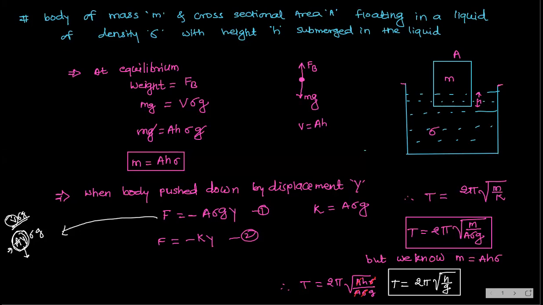That's why volume I should replace with area into that length, that is y. So that's why A y sigma g I am getting. Somewhere at the corner you can write this part. Here it is y instead of h. Here we got h, but why here y? Because we are pulling it with displacement y.